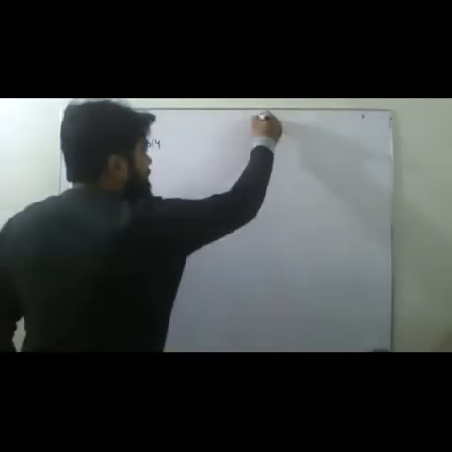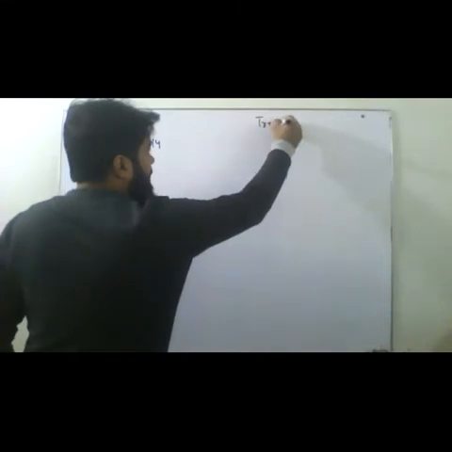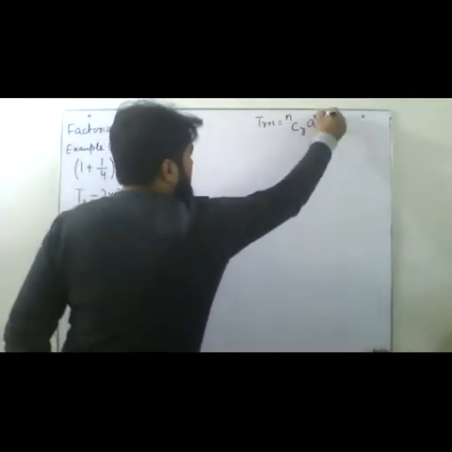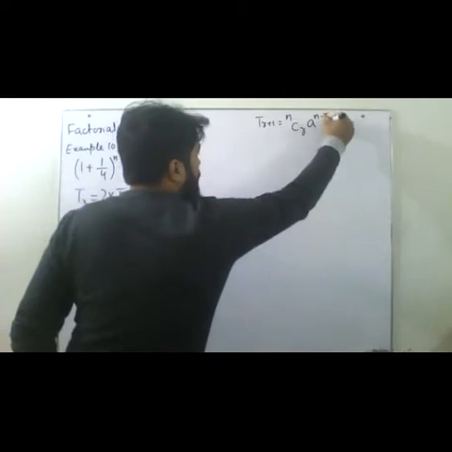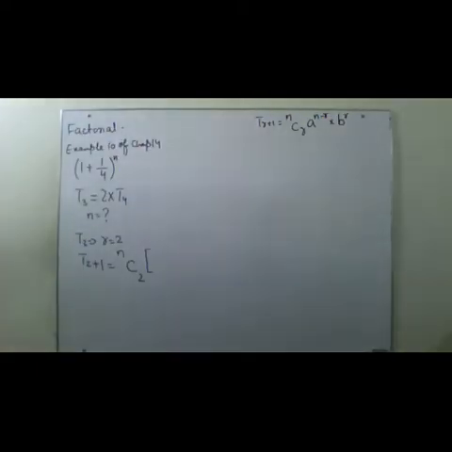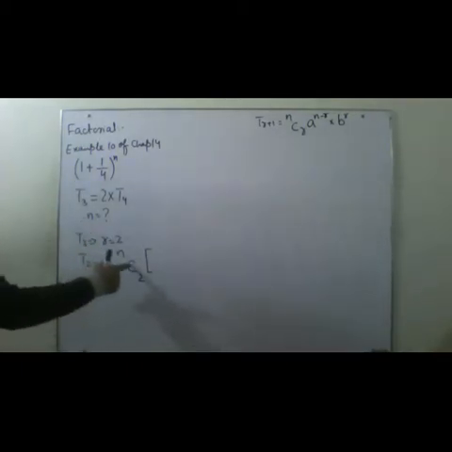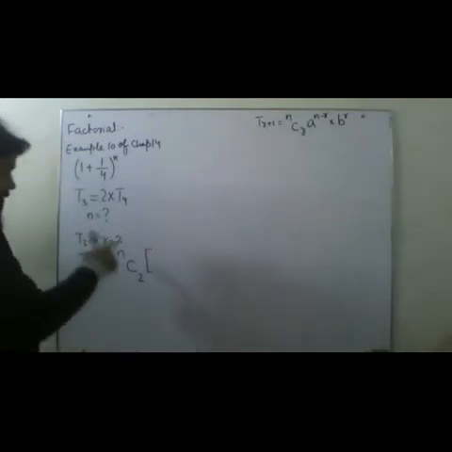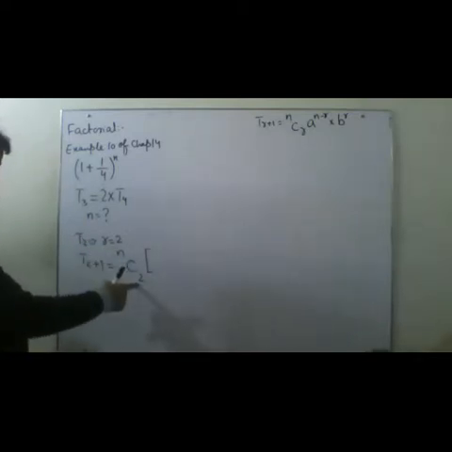Then the formula. I'm writing the first formula. T r plus 1 equals to nCr a to the power n minus r into b to the power r. So n I don't know. C, it's a combination, I will tell you. And r is 2, so I have written 2.